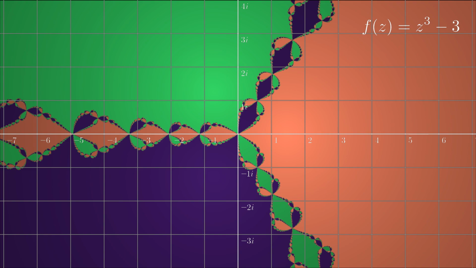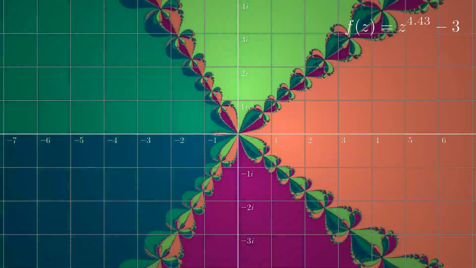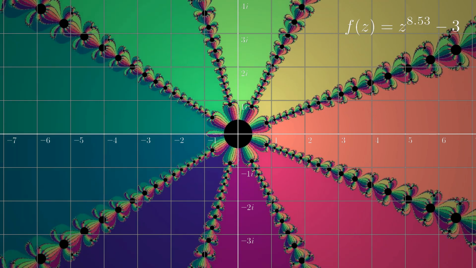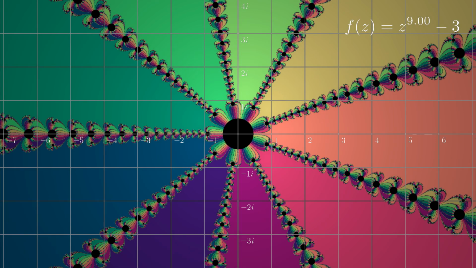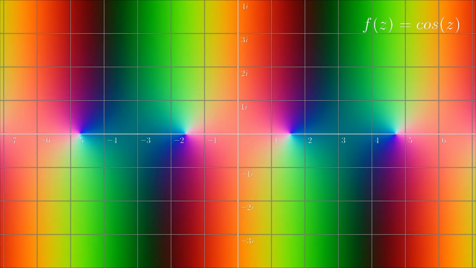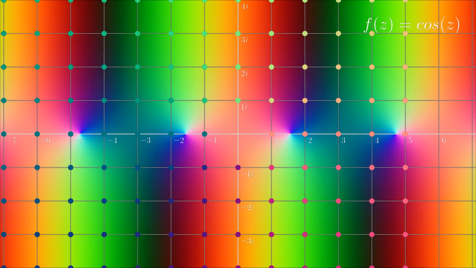Let's try to vary the exponent in the function's formula. What do you think will happen? Let's repeat this one last time for the cosine function.